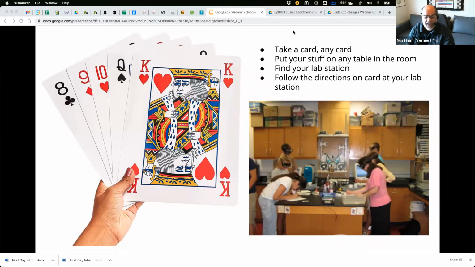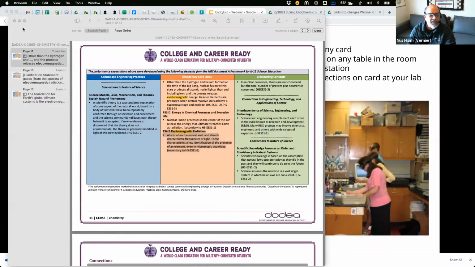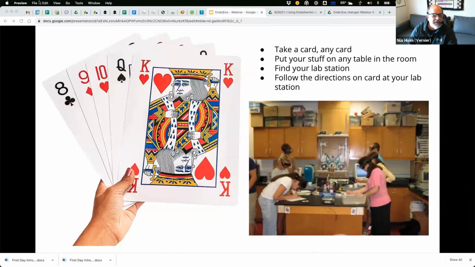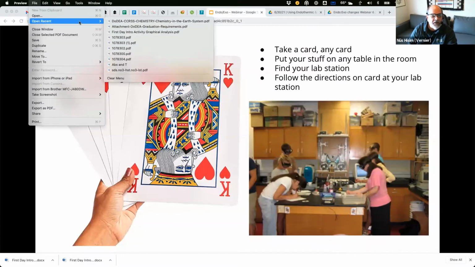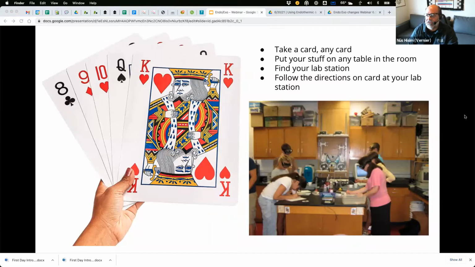So that's the handout. Let me see if I've already got it up on the screen here. Let me get it open real quick. And what I did was I laminated these instructions so that they didn't get too messed up.